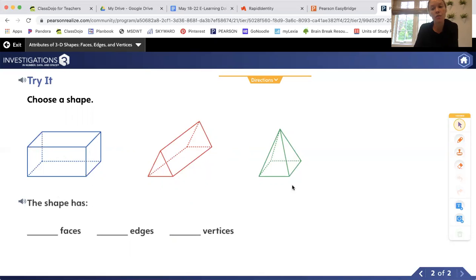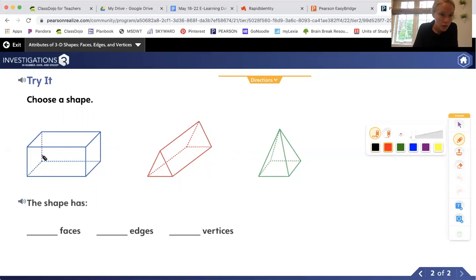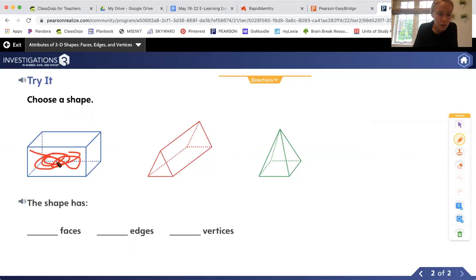Then over here would be 2. And then up here would be 3. 4 would be this one.